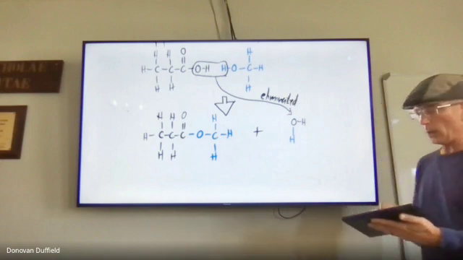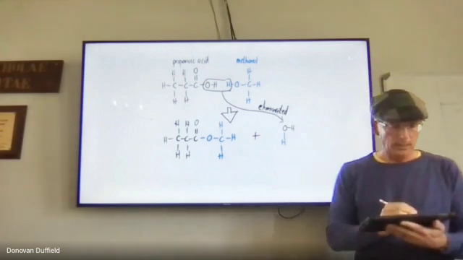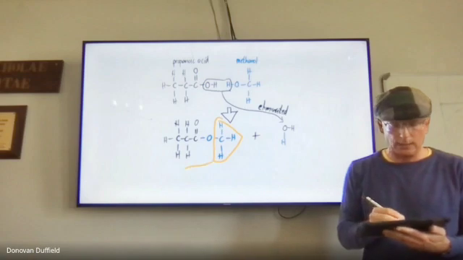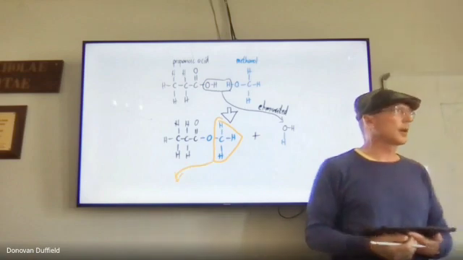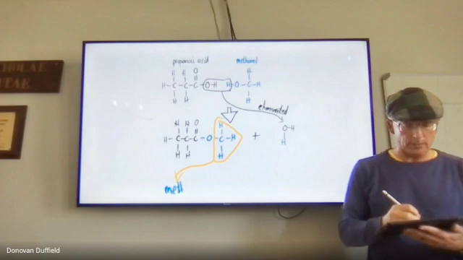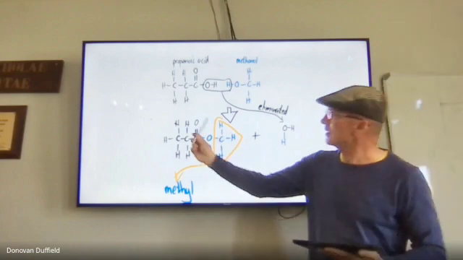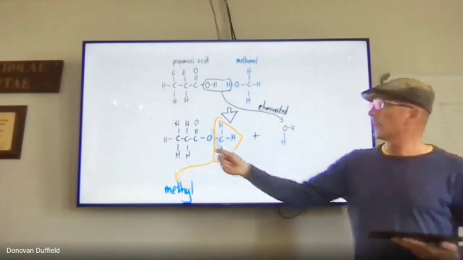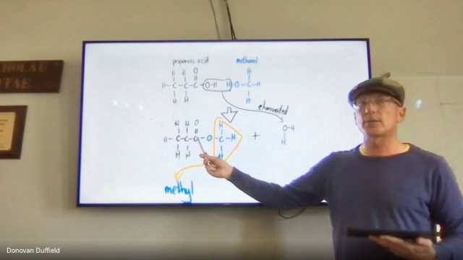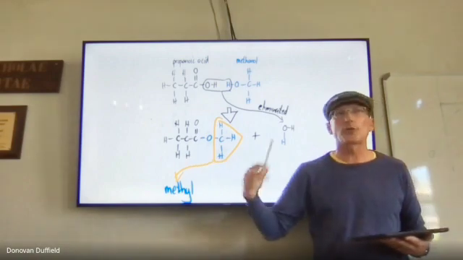And so the way we name this is as follows. I will talk more about this tomorrow. This section here is a methyl structure, so this is known as methyl. And this structure is the propanoate structure, similar to the propanoate ion.